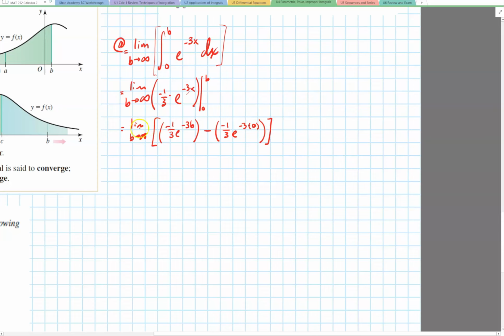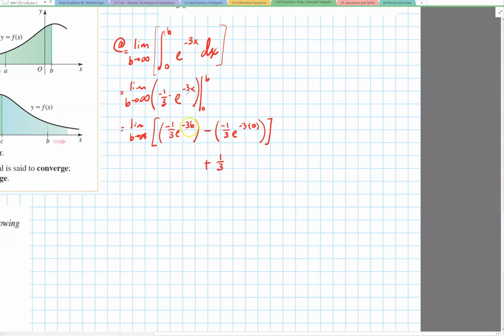And again, we're trying to evaluate the limit of this expression as b goes to infinity. Now, this is effectively a direct substitution with the number 0 at this position, so we can just evaluate it. Negative 1/3 times e to the 0 power. Well, e to the 0 is 1, so we've got minus a negative 1/3, so we'll call that 1/3.